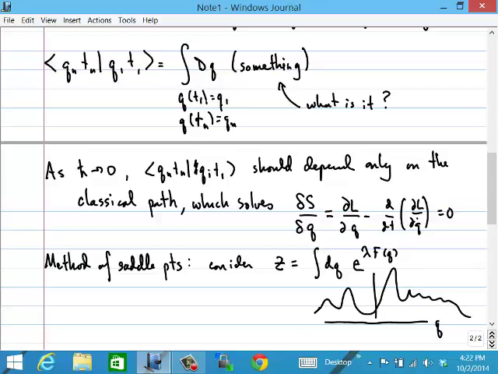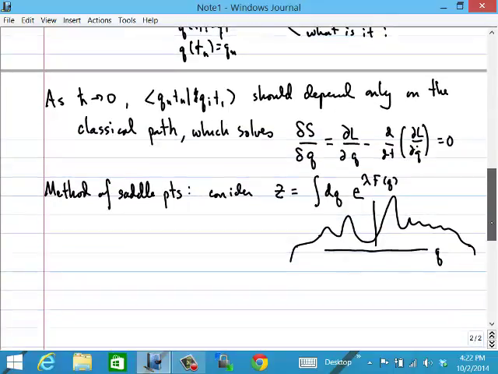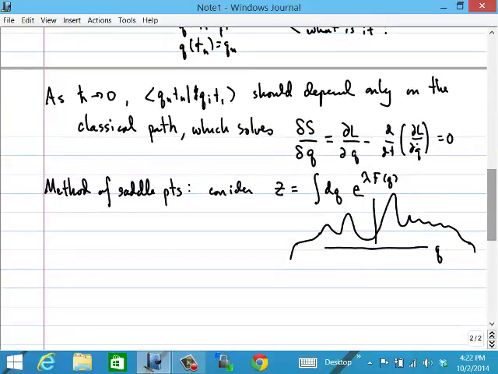Okay. And I'll take it to vanish as q goes to plus or minus infinity, so that this integral is nice and convergent. Or rather, I guess I would need it to go to minus infinity as q goes to infinity. Okay. And I'd like to understand this integral in the limit where lambda becomes very large.